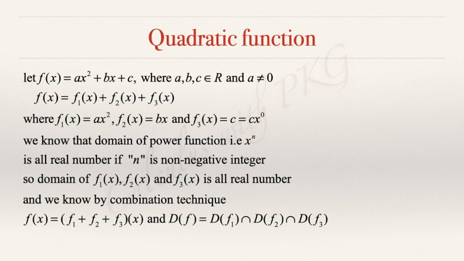Think function f of x as a sum of 3 functions, f1 of x, f2 of x and f3 of x, where f1 of x equal to ax square, f2 of x equal to bx and f3 of x equal to c multiplied with x to the power 0.